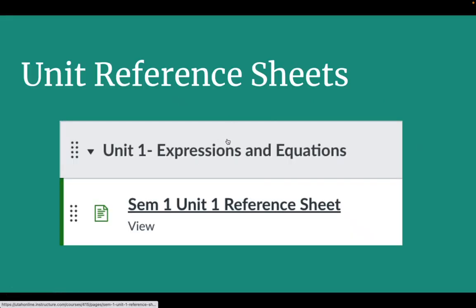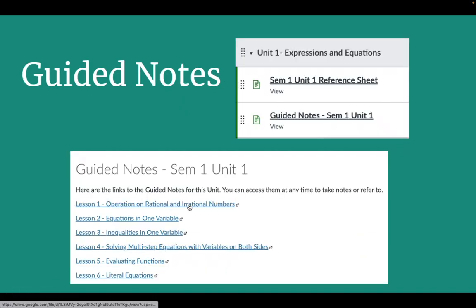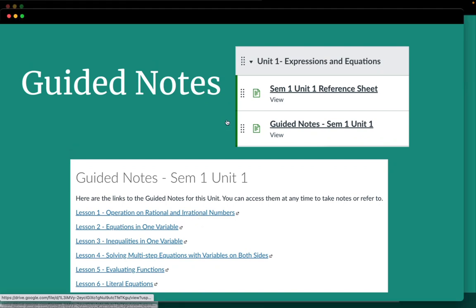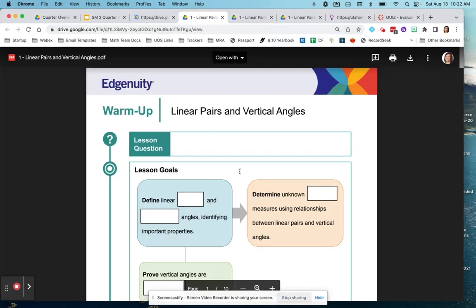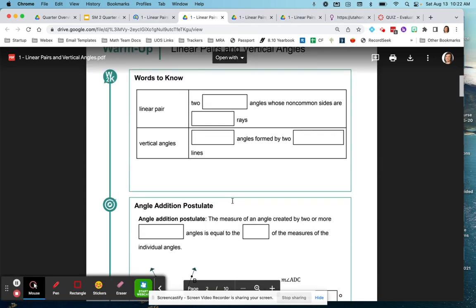Just a reminder, I have unit reference sheets on my website. At the beginning of each unit in Canvas, you will see this, and I encourage you to print that out, look at the reference sheet, refer to it so you can understand and remember these things. Also, guided notes, really great part of this that you can do. If you click on this link, you'll get guided notes. And what guided notes are is just a walkthrough of the videos.